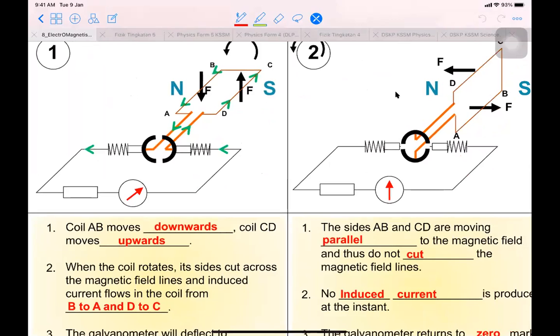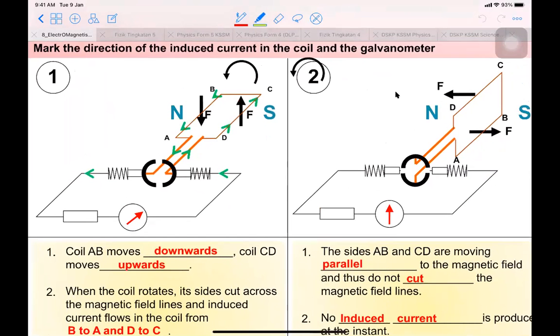So coil AB, kita tengok tu movementnya di sana tu, the rotation is anti-clockwise. Okay, the rotation is anti-clockwise. So coil AB, this part here, will move downwards. Okay, coil AB will move downwards and coil CD will move upwards.